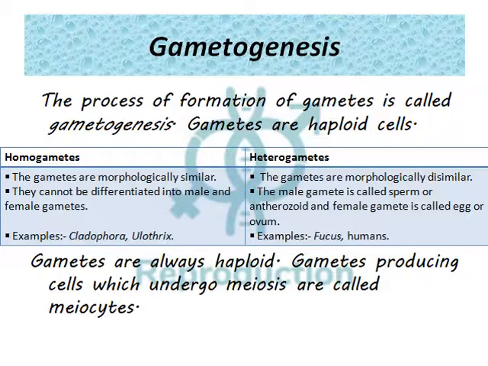The gametes which look similar morphologically are known as homogametes, whereas the gametes which look dissimilar morphologically are known as heterogametes. In homogametes they are morphologically similar, so we cannot distinguish them into male and female, while in heterogametes they are not similar, so we can divide them into male and female.